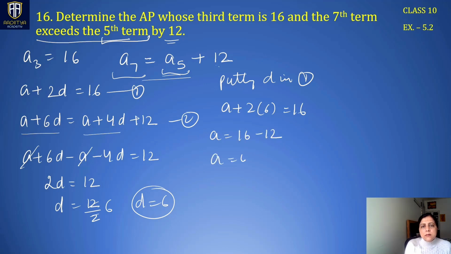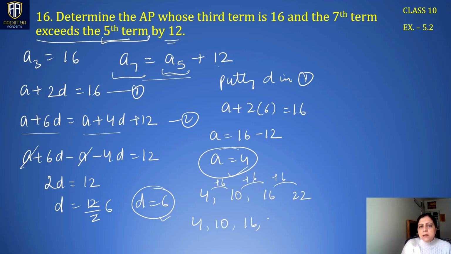So a is 4. Now we have found a and d. So the sequence becomes 4, add 6 to it, 10, add 6 to it, 16, add 6 to it, 22. The sequence is 4, 10, 16, 22, and so on. This is the AP.